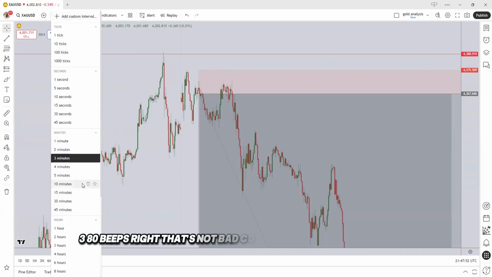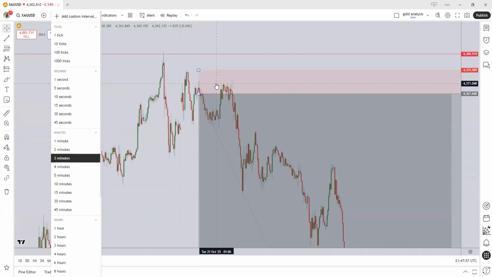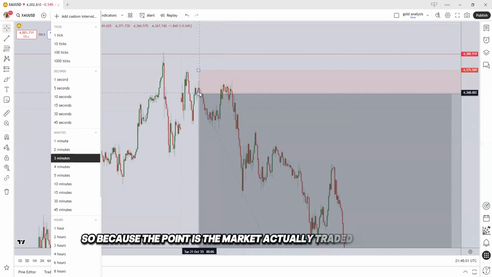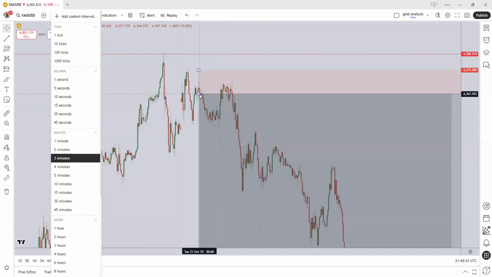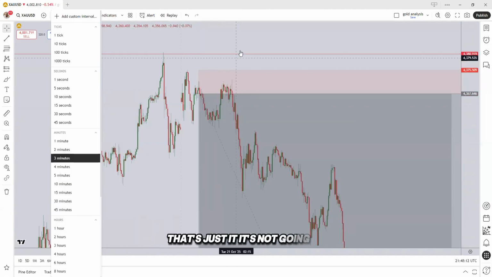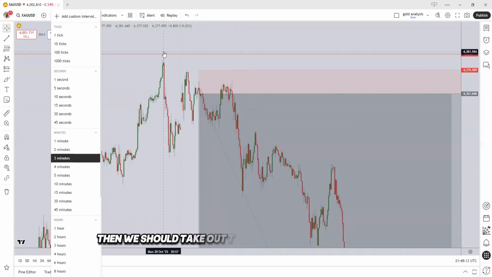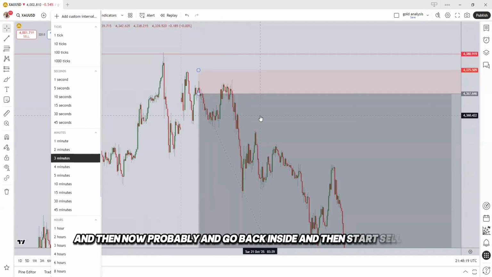That's not bad, considering I had just 180 pips. The point is, if the market trades above this engulfing and takes out this high, it becomes invalidated. It starts going up, takes out the stop loss for the previous day, then probably engulfs back inside and starts selling.